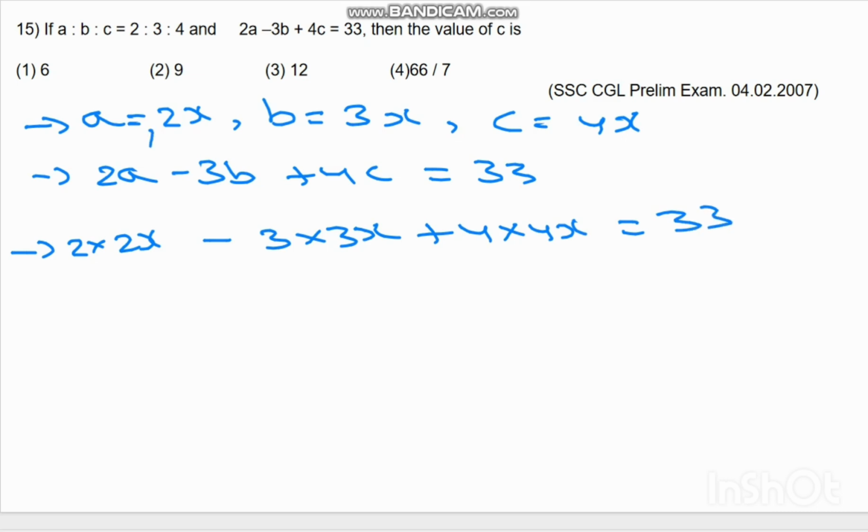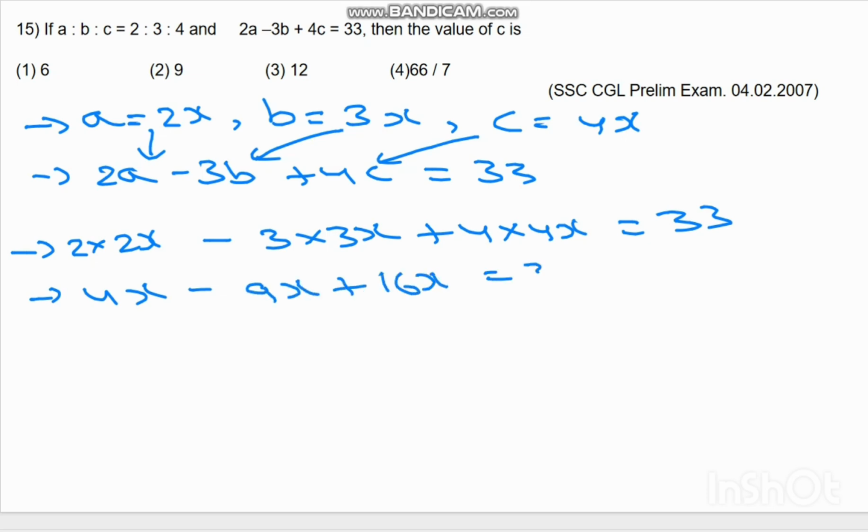Substitute the values of a, b, c. Then 4x minus 9x plus 16x equal to 33. 11x equal to 33, x equal to 3.